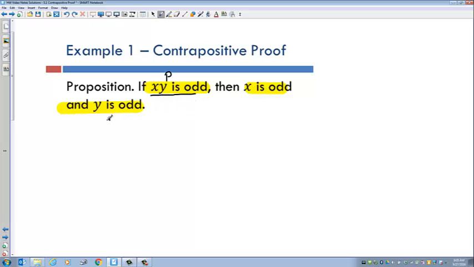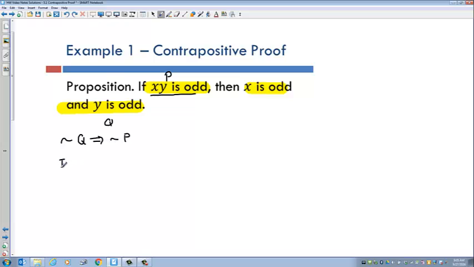So if we want to write the contrapositive of this, we'd write not Q implies not P, and then let's write out what this is in English. So not Q would mean that x is even, and then the and would become an or, y is even.